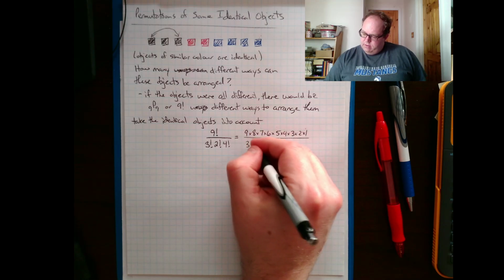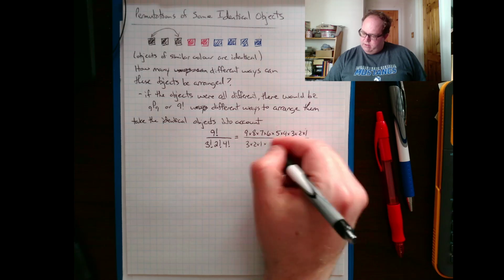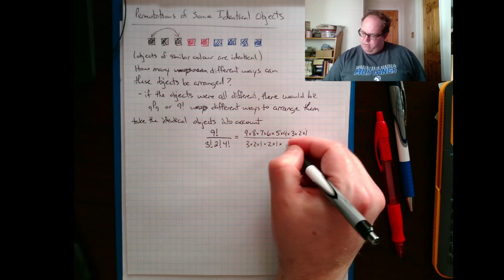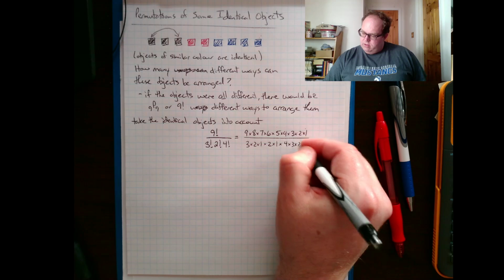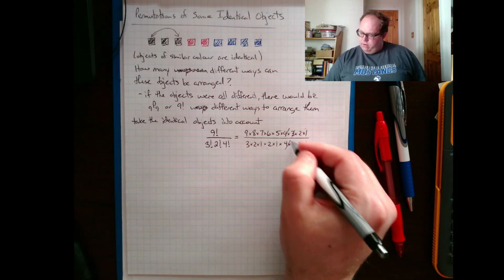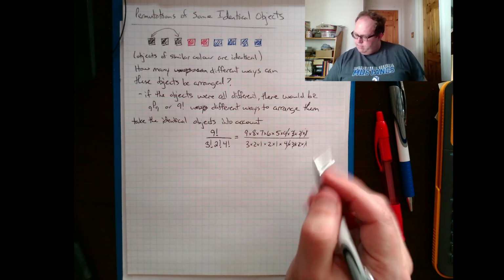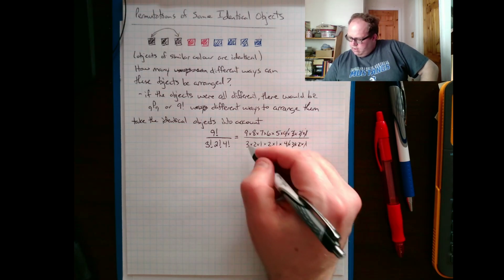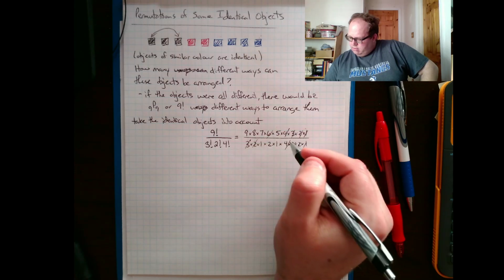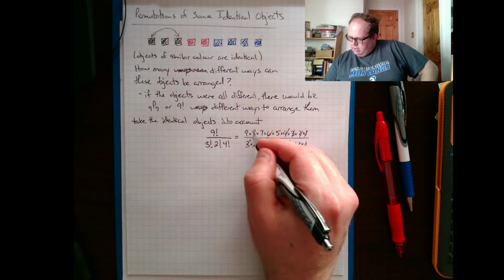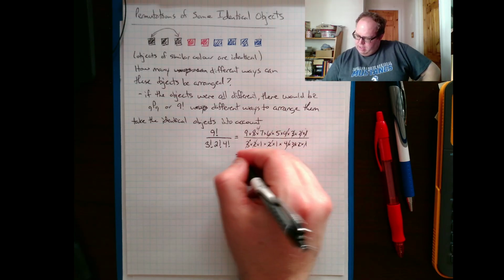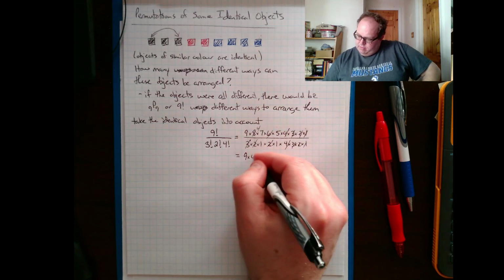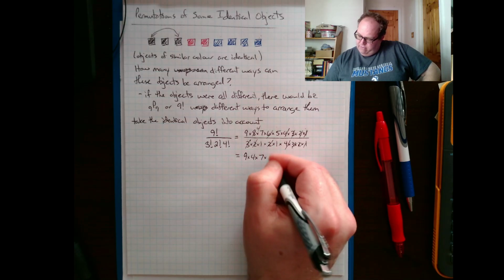3 factorial is 3 times 2 times 1, 2 factorial is 2 times 1, and 4 factorial is 4 times 3 times 2 times 1. 4 over 4, 3 over 3, 2 over 2, 1 over 1. 2 times 3 is 6. And 2 goes into 8 4 times. So this would be the same as 9 times 4 times 7 times 5.